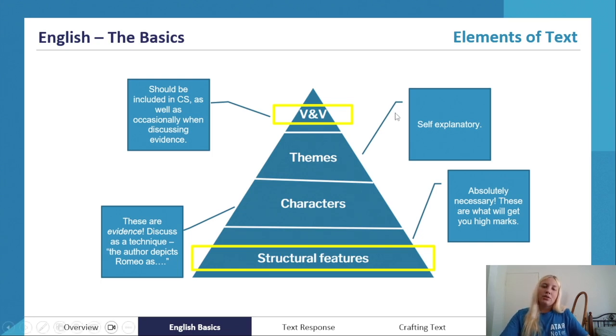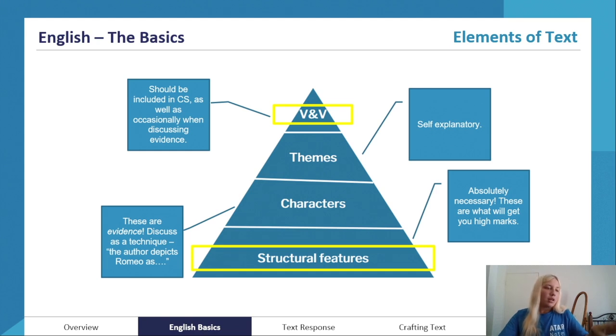Views and values will fetch you the high marks, though. These are your interpretations of the author's messages and opinions that you will need to write about. It shouldn't be just included in the concluding sentence of each paragraph of a text response essay, but it should be somewhere within the body paragraph as well, where you have extended your analysis of evidence even further to link into a views and values message.